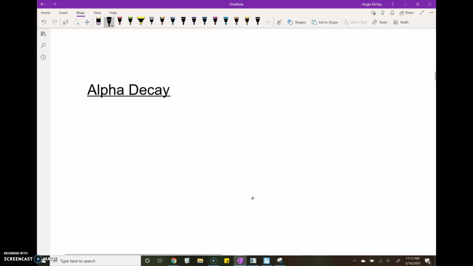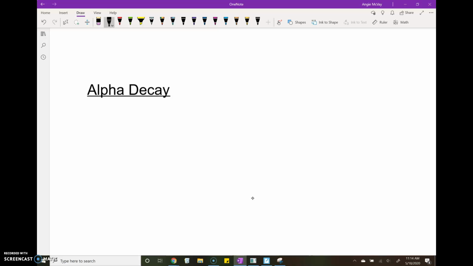So let's first talk about alpha decay. Alpha decay, if you remember, is the decay that happens when you are emitting an alpha particle, which is a helium nucleus.